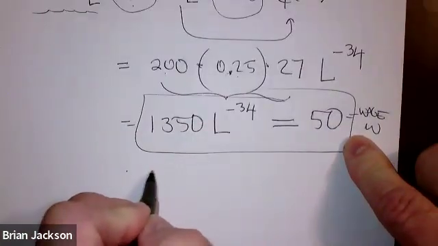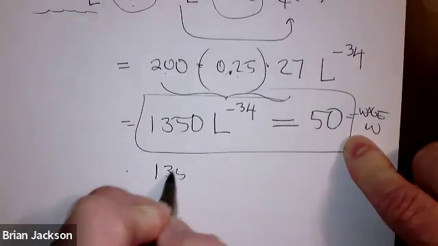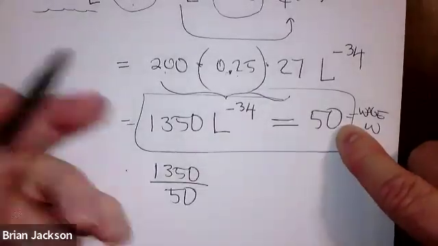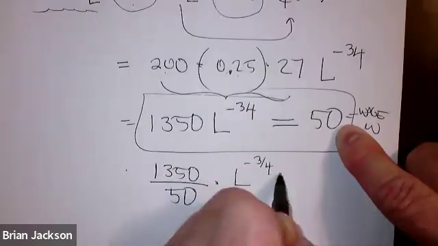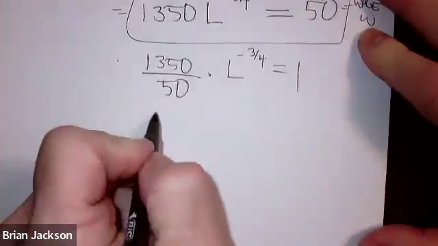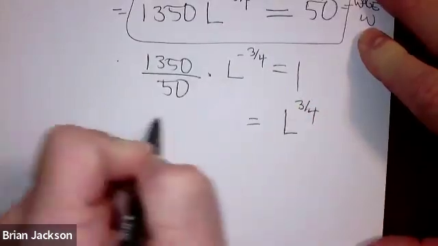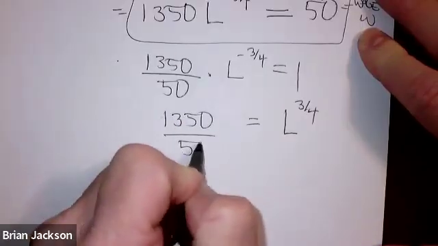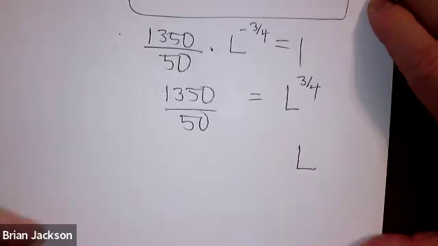So, a couple different ways of doing this. I'm going to divide both sides by 50, so 1350 over 50 times L to the -3/4 is equal to 1. And I'm going to just multiply by L to the 3/4. So L to the 3/4 is equal to 1350 over 50. Now I need to find out what L is, right?